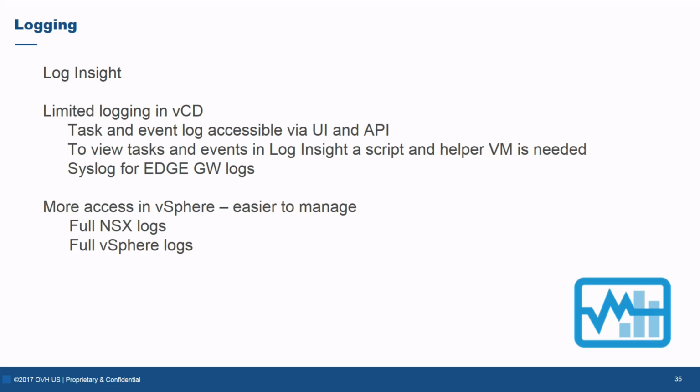So it's a PowerCLI script that constantly checks the logs via REST API and uses a helper VM to push the logs via ingestion API into Log Insight. And this way you can then store the logs indefinitely based on your requirements.